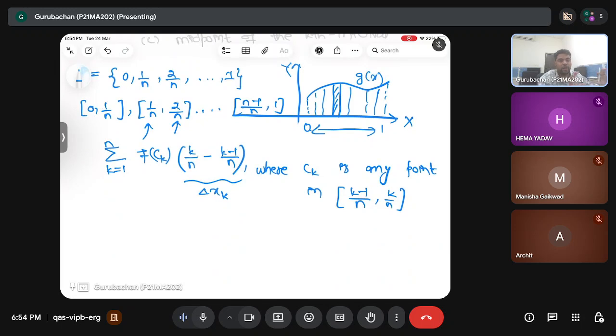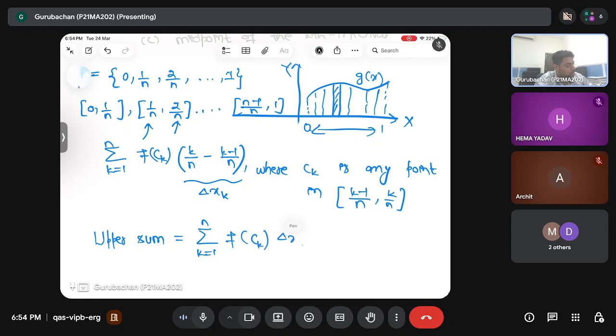This is the general Riemann sum, and when you talk about the upper sum, in that scenario we write f of ck delta xk, where this ck is the maximum value of f in the subinterval k minus 1 by n to k by n.